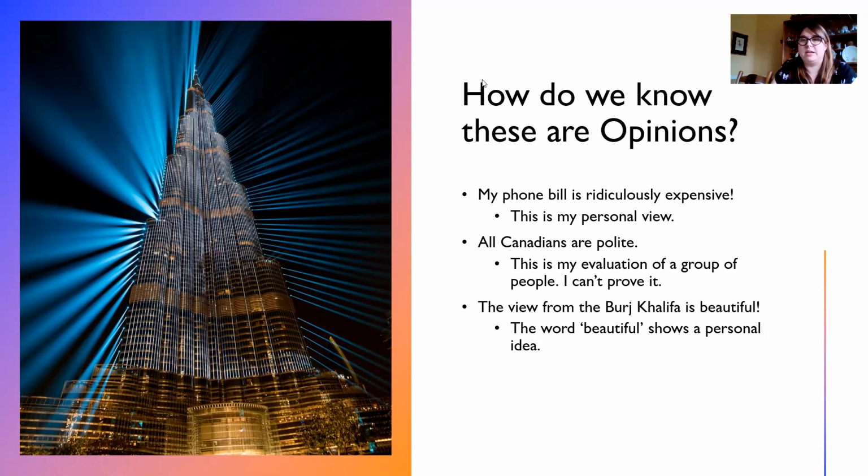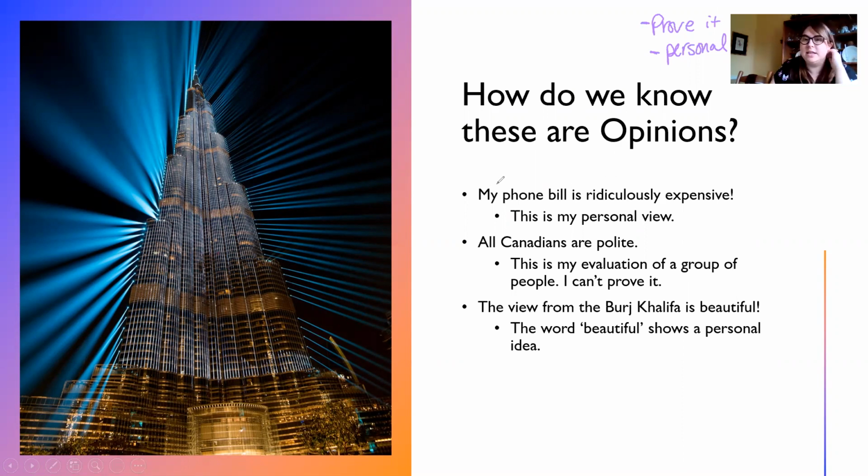Well, I want to be looking and I want to ask myself, can I prove this or is it personal? We know that when we talk about being able to prove something, that has to be a fact, and that if it's personal, then it is an opinion, like my personal opinion.